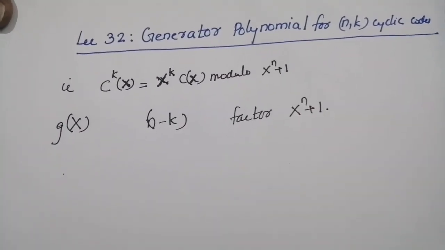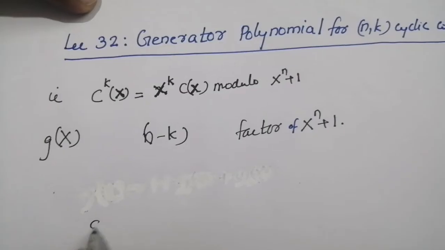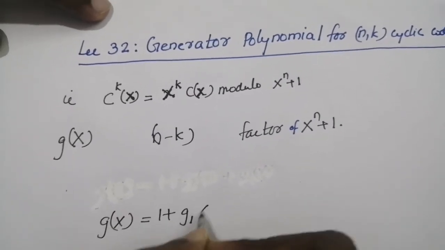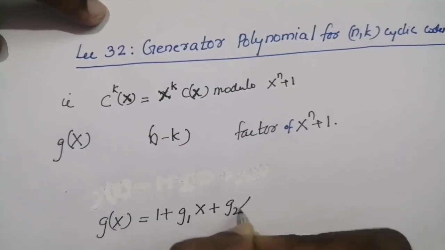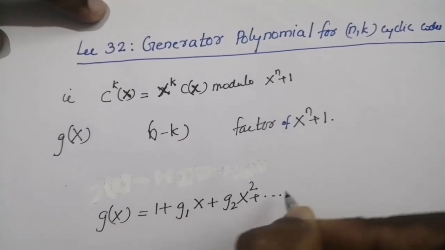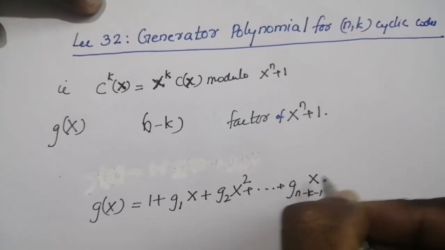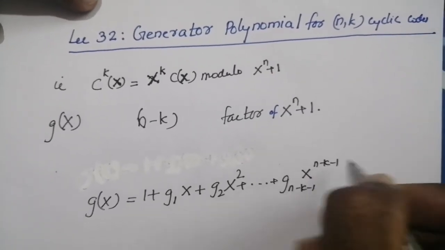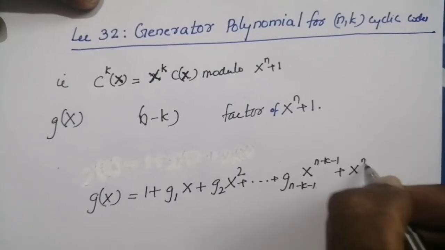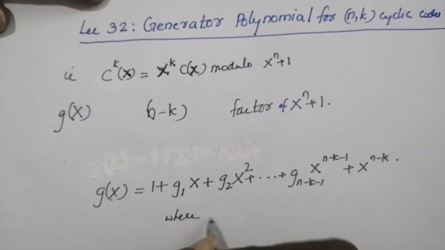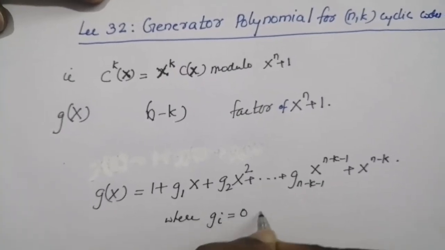Now, the generator polynomial can be expressed as g of x equal to 1 plus g1 x plus g2 x square plus etc. plus g_(n minus k minus 1) x raised to n minus k minus 1 plus x raised to n minus k, where g_i equal to 0 or 1.